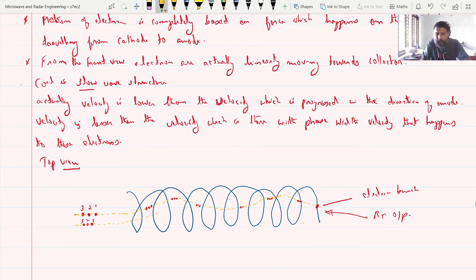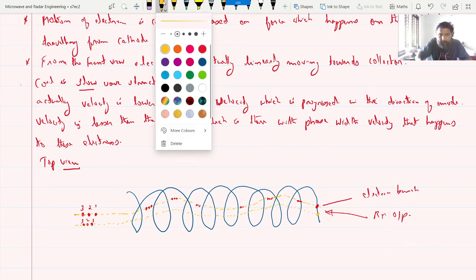The 3 electrons are moving towards the anode. Because of the magnetic field that we have applied here, it has the same trajectory, but it comes after a certain delay.